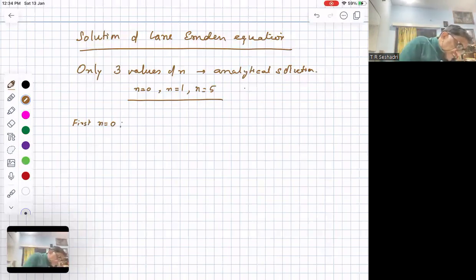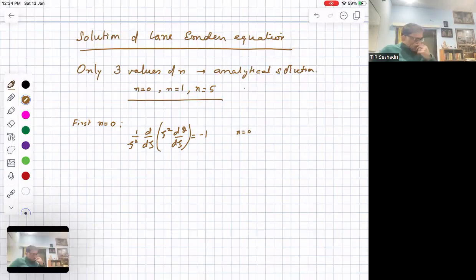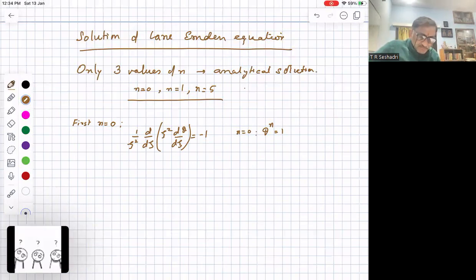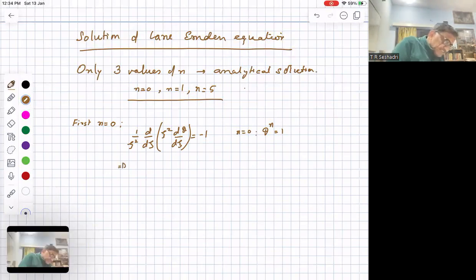The n equal to 0 case, we have 1 by xi square d by d xi of xi square d theta by d xi is equal to minus theta to the power n, which is equal to minus 1, because n equal to 0. So this is easy to solve.